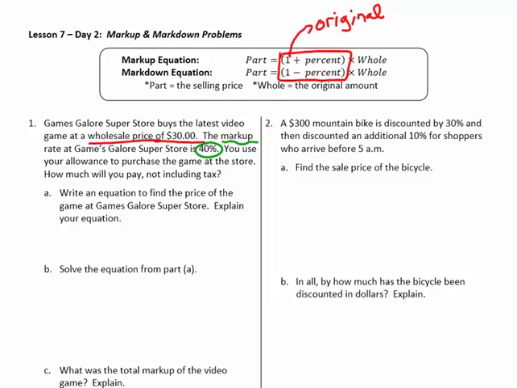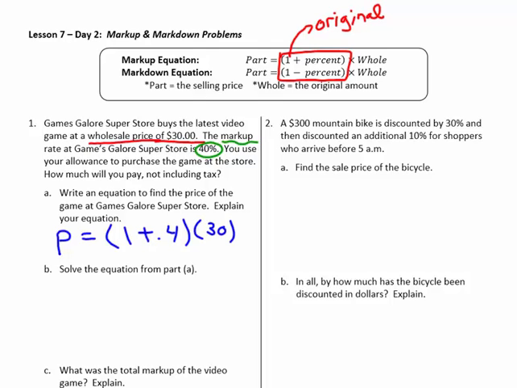So the first thing I want to do is to write an equation to find the price of the game. So I'm looking for the part because that's my selling price. So part, and I'm going to just use P for part. Equals, it's a markup, so 1 plus the percent times the cost of the item.